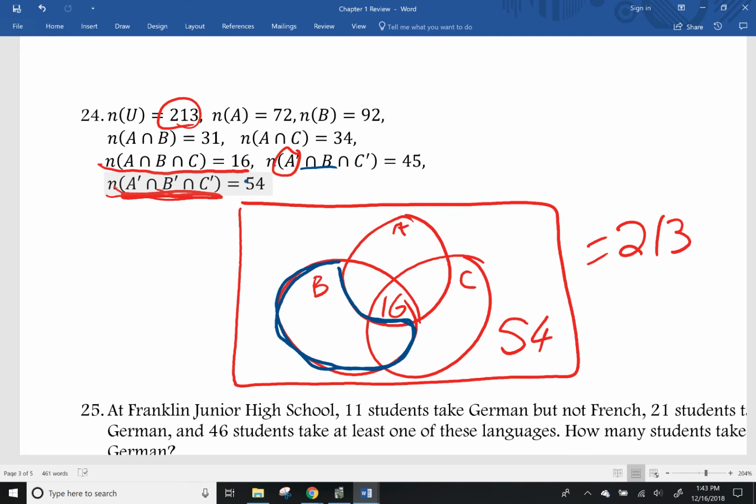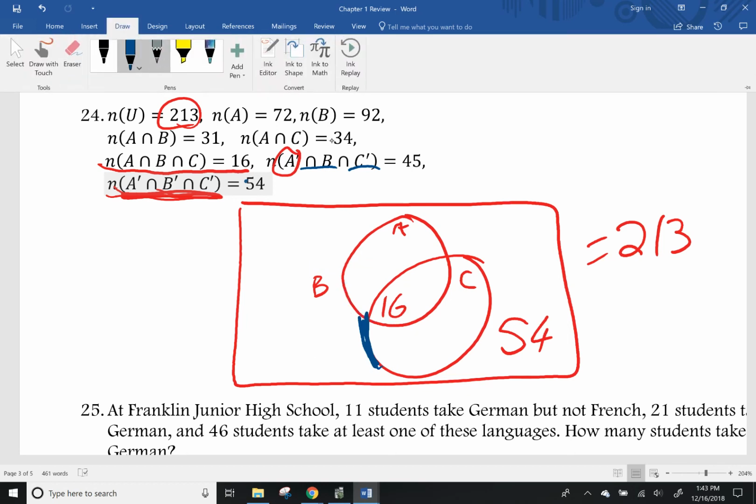That's in B and not in A. But it also says not in C, so the only part that's not in A, not in C, but is in B is that region. Oh man, I tried not to erase it, but I did.